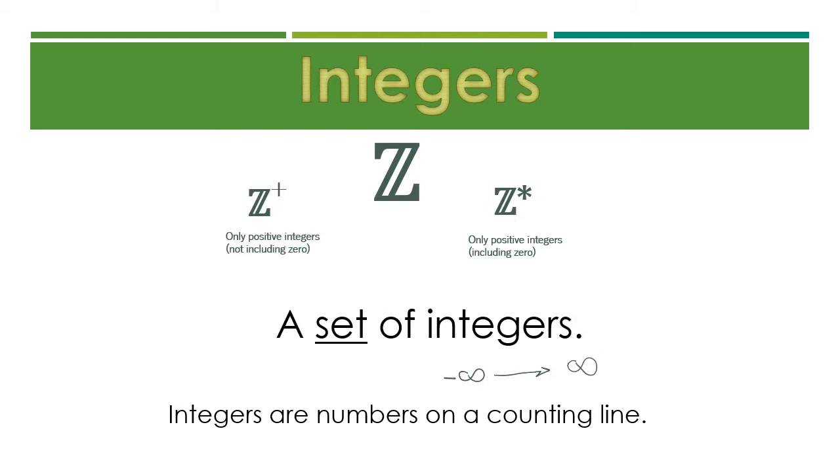When we want to get specific, we use this plus right here, and what we're saying is only positive integers. And whenever we want to include 0, but we're still only using positive integers, we're using this asterisk here, saying only positive numbers that include 0. So this one's a lot more nice.